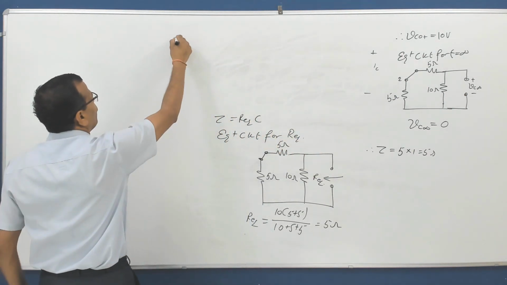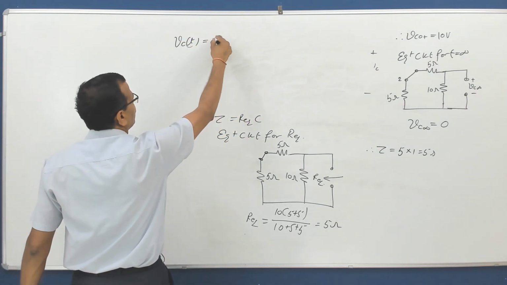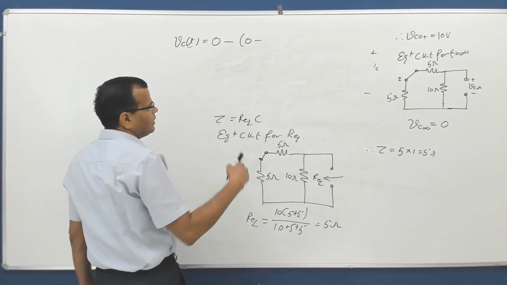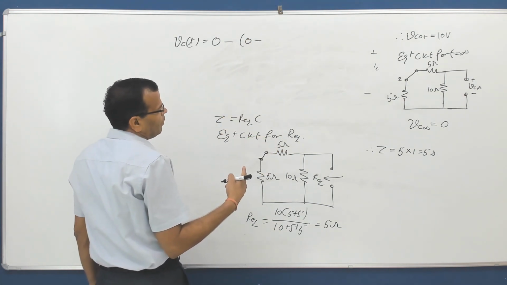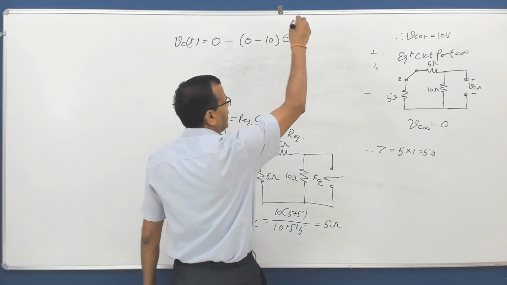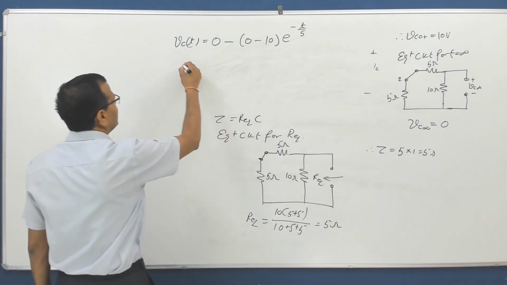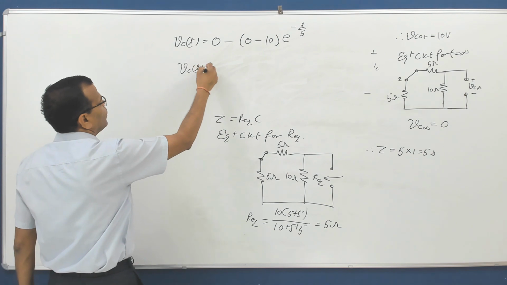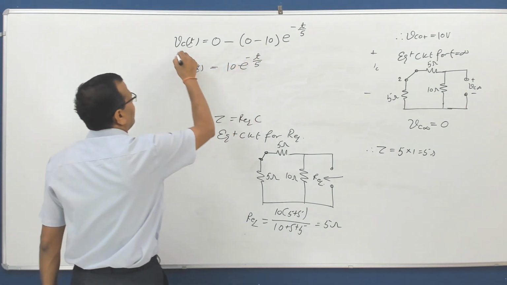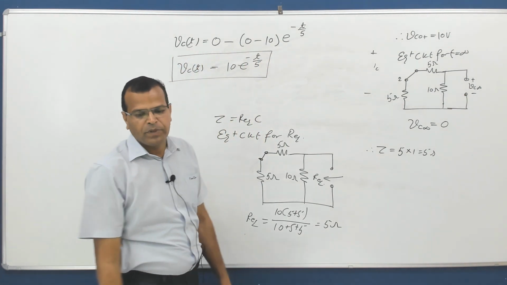That is Vc(t) is equal to Vc infinity, 0, minus Vc0 plus, that was 10 volt, e raised to power minus t by 5. So this gives Vc(t) equal to 10 e raised to power minus t by 5. That is the expression of voltage across the capacitor.